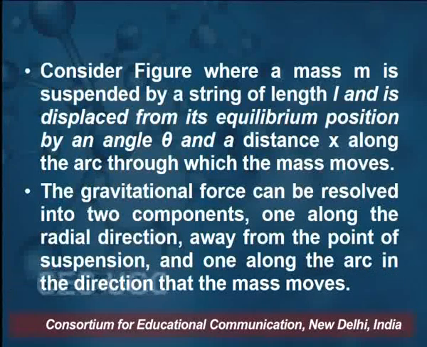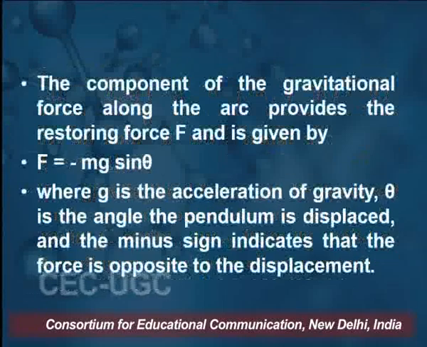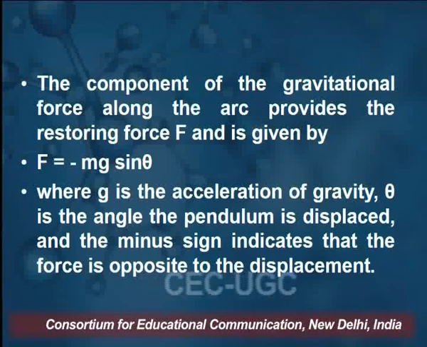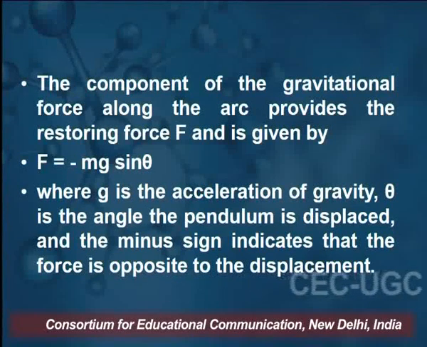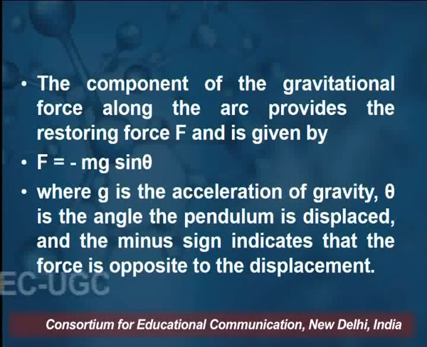The gravitational force can be resolved into two components, one along the radial direction away from the point of suspension, and one along the arc in the direction the mass moves. One component is mg cos theta and the other is mg sin theta. The component along the arc provides the restoring force F.